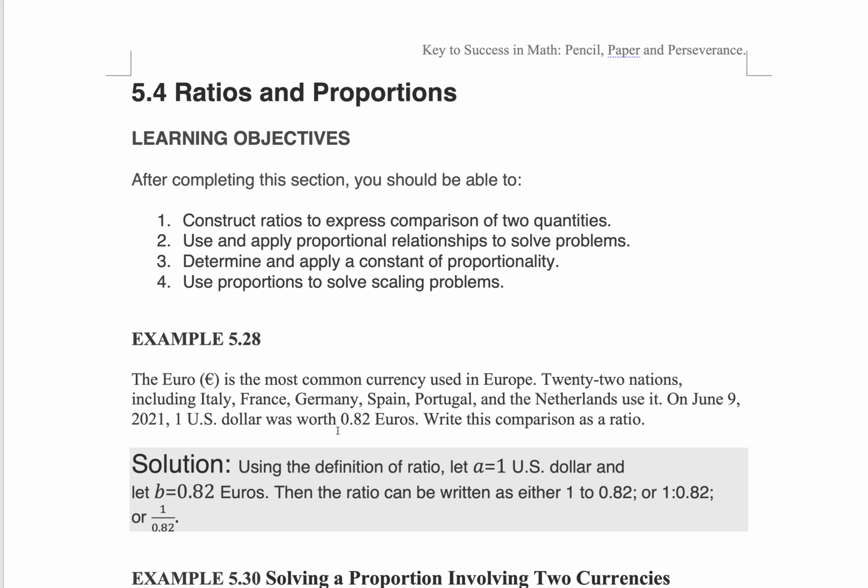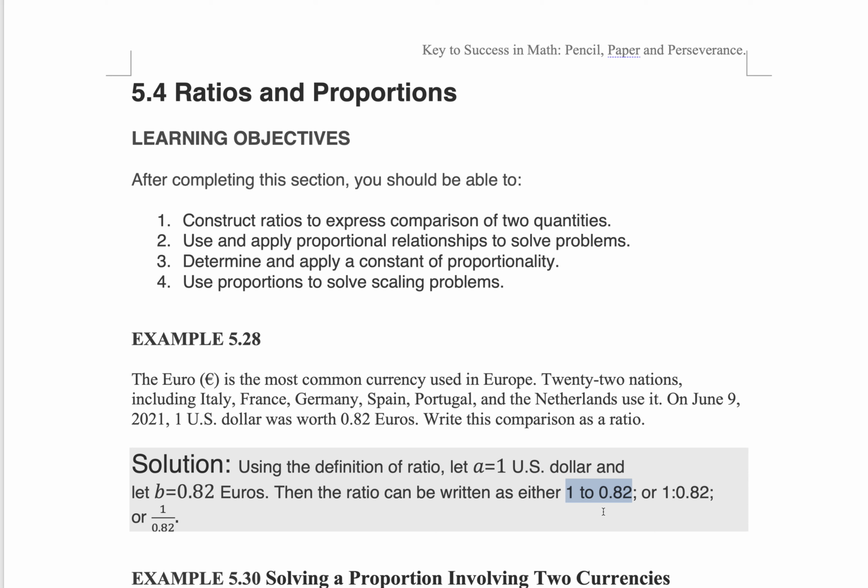To write this ratio in a very simple way, you can say it is 1 to 0.82, which simply means $1 is 82 cents of euros.